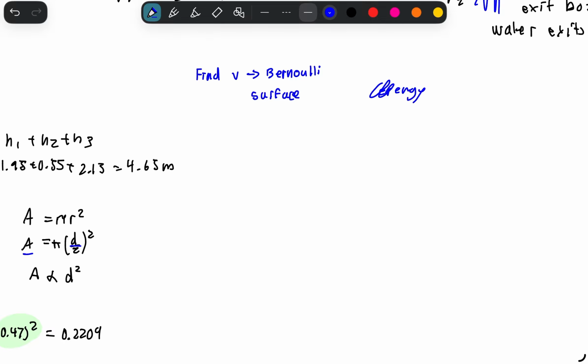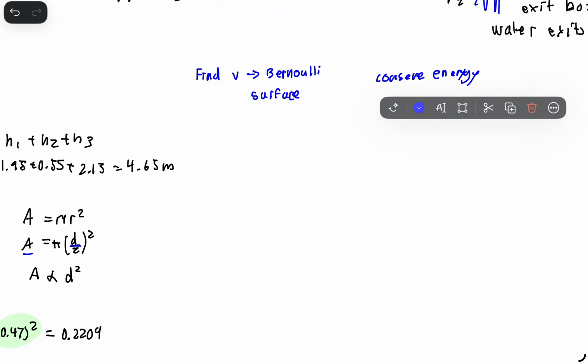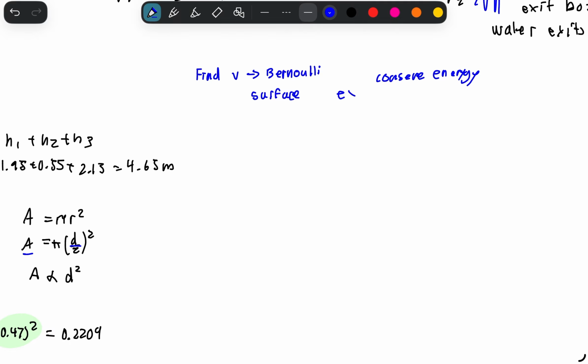So our equation is, the pressure was atmospheric, 1/2 rho v squared.